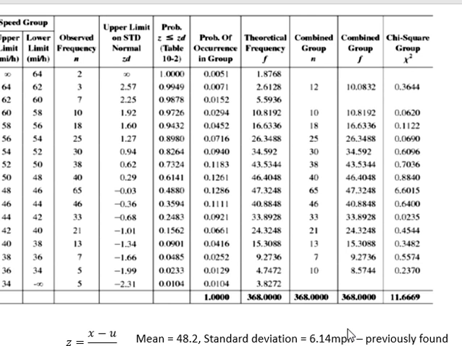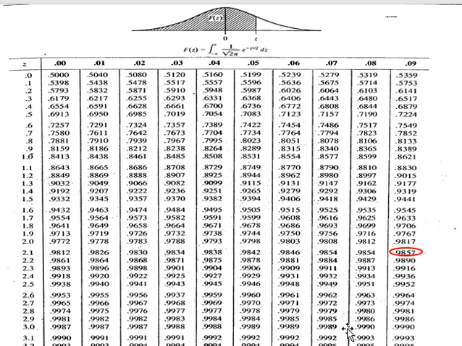Clear? Now look at the next column. The next column is coming from the Z table. You pick each value from the Z column and go to the Z table. Again, I'll start from the second value. What is the second value? 2.57, right? So I go to the Z table. Where is 2.5? Here. 2.57? Here.